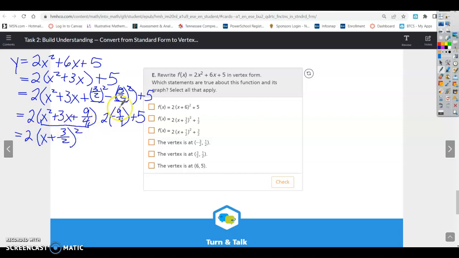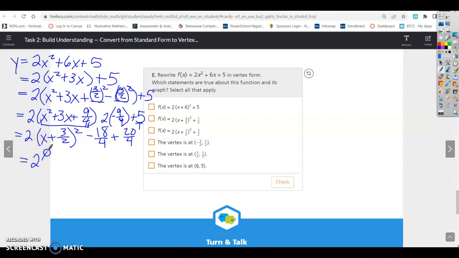All right, and then we've got 2 times negative 9, so that's going to be negative 18 over 4, plus, if I rewrite this as something over 4, it would be 20 over 4. 4 times 5 is 20, so I can just rewrite 5 as a fraction so I can combine these two fractions to write it in simplest form.